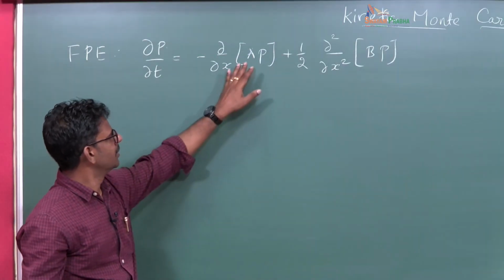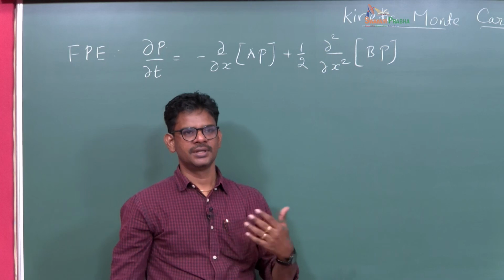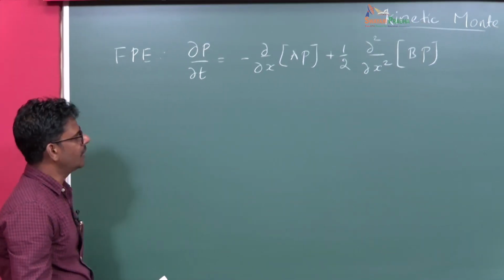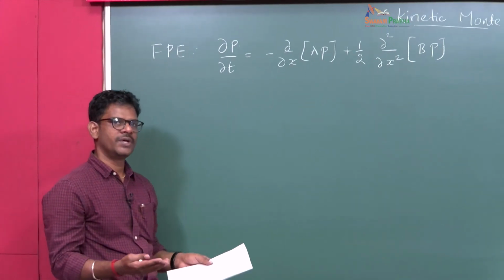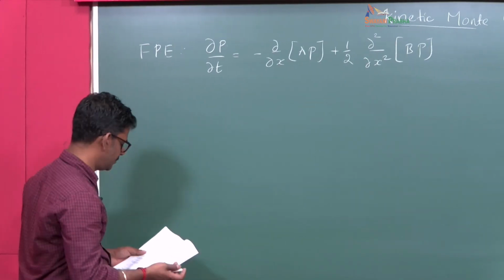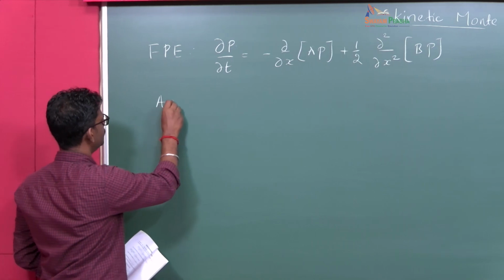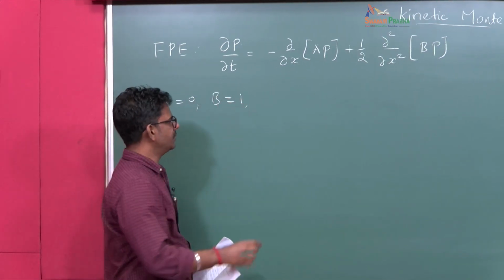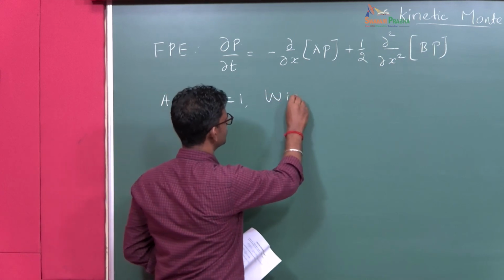that capture the drift and diffusive parts of the process. We already noted that there are some cases for which an analytical solution was possible. For example, if I take A equal to 0 and B equal to 1, we call this the Wiener process.